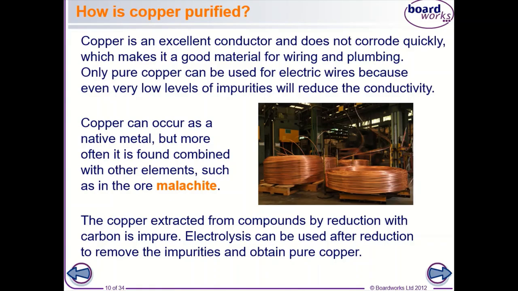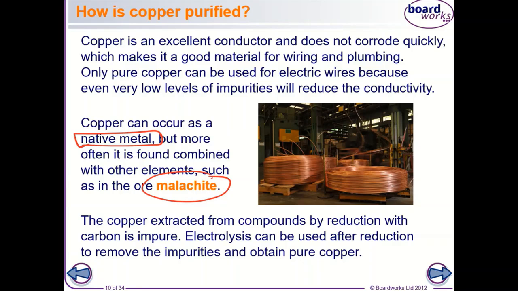You need to know that the ore of copper is called malachite. But more often it is found combined with other elements, even though copper can occur as native metal. When you say native metal, we are saying that it is in its uncombined form, usually because copper is one of the least reactive metals.